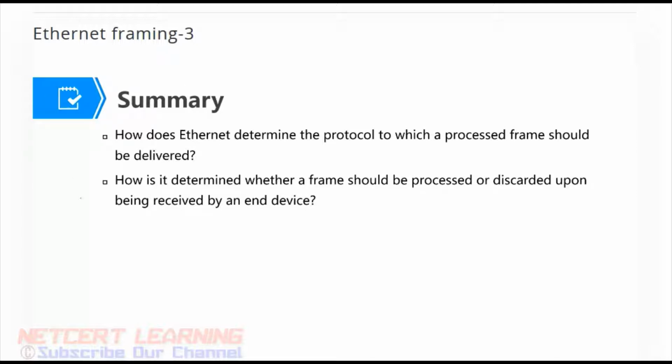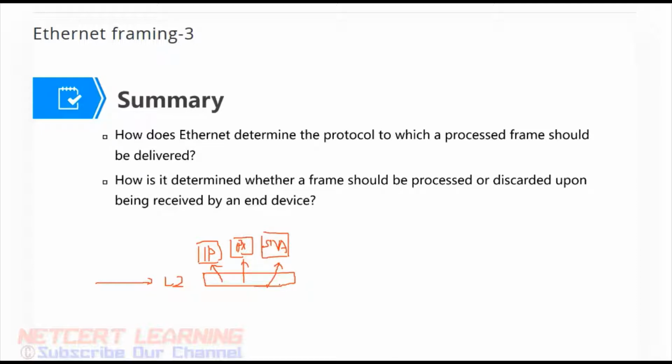Ethernet is on layer 2, and it can carry many protocols, such as IP, Novell's IPX, IBM's HCNA package, and other protocols. So when the packet reaches the destination, how does the host know which protocol should process this data?